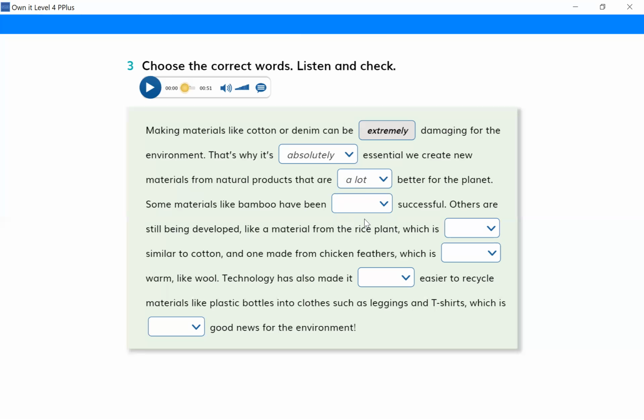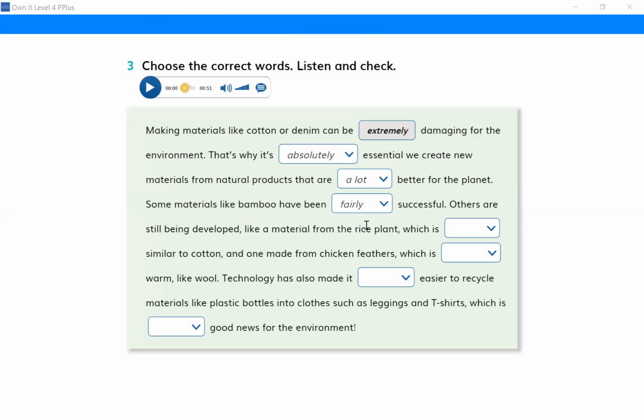Some materials like bamboo have been what? Have been fairly successful or a little successful? Hey, pay attention to the meaning as well. We are talking about something that is a lot better for the planet, and the meaning should match the following sentence, which is: some materials like bamboo have been fairly successful.